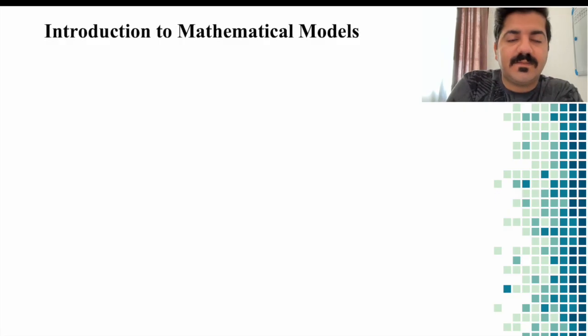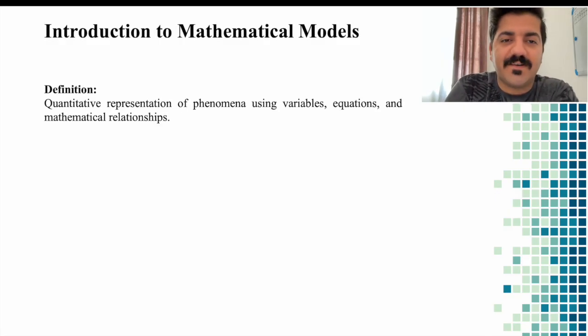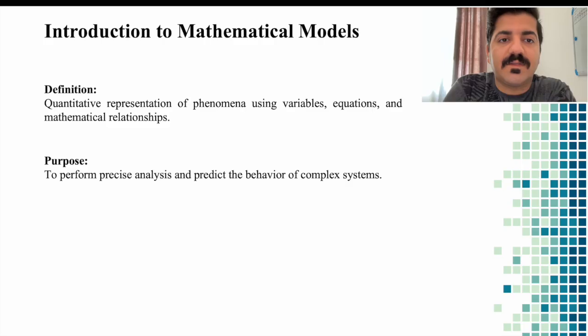Mathematical models. I named it the calculator of reality. A mathematical model is a quantitative representation of phenomena using variables, equations, and mathematical relations. Why do we use this model?